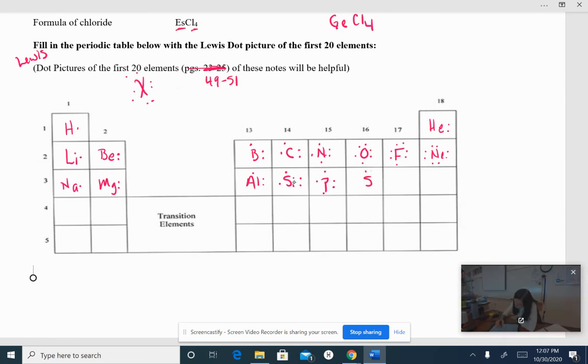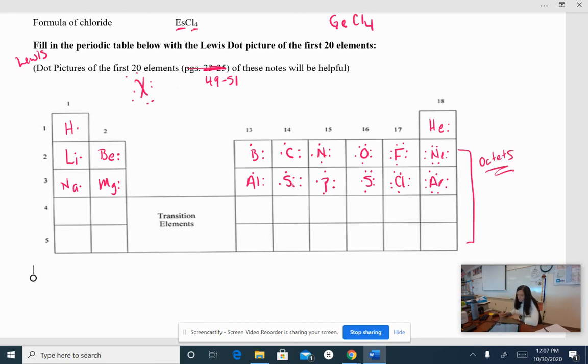Sulfur, 6 dots, 6 valence electrons. Chlorine, 7, meaning 7 valence electrons. And argon, 8. Octet. These have octets, and they're going to be pretty special here in a bit. We'll talk about them a little bit more. Octet, remember, means 8.